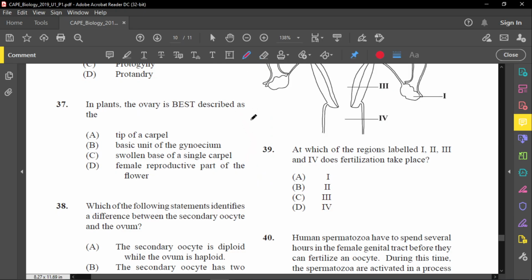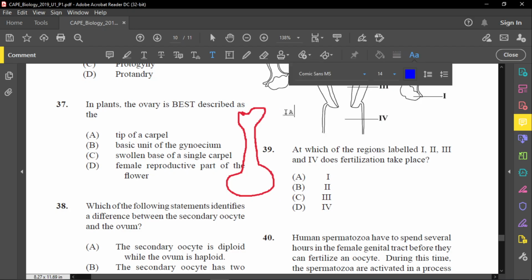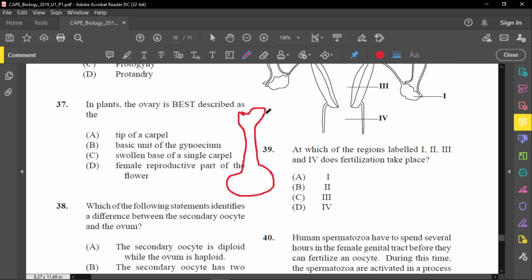So again, you'll have the stigma. This is a better diagram now. Then coming down with the style, then the ovary at the base right there. As I mentioned, we have the stigma right here, the style, and the ovary.